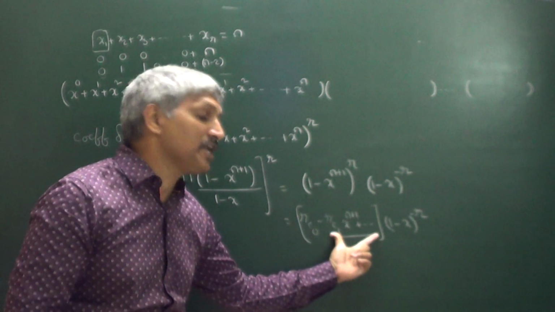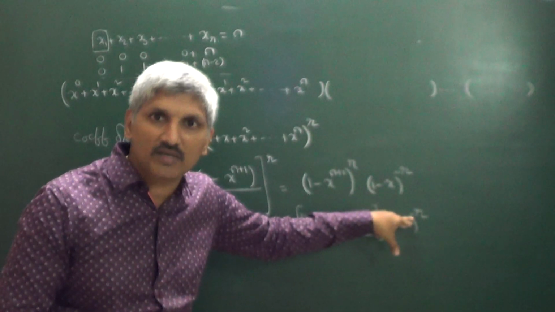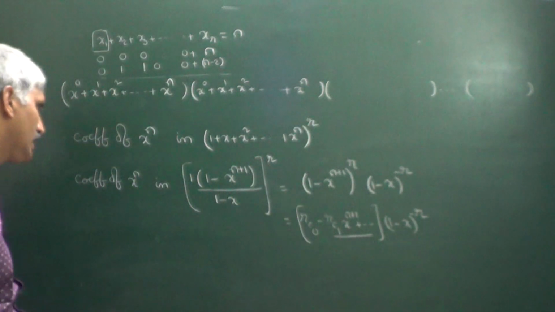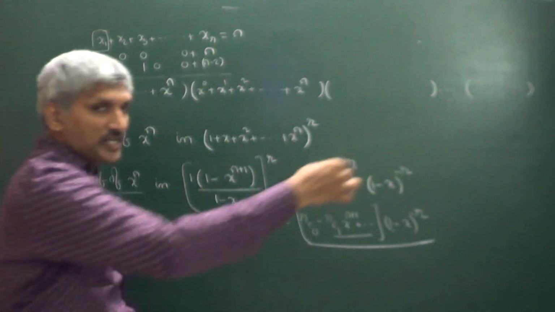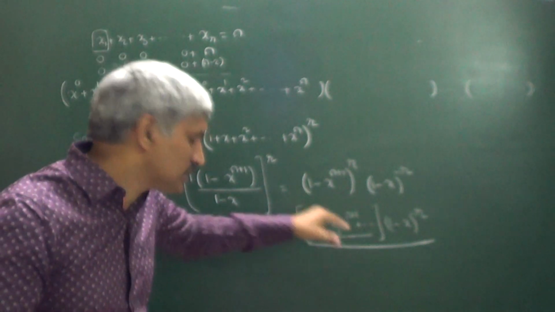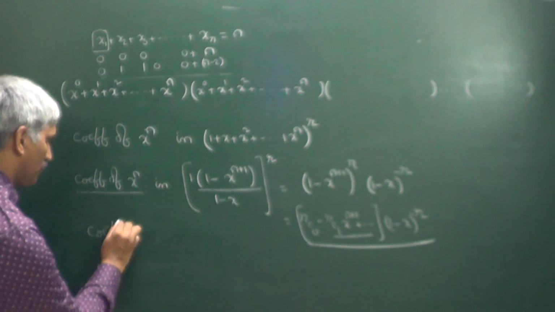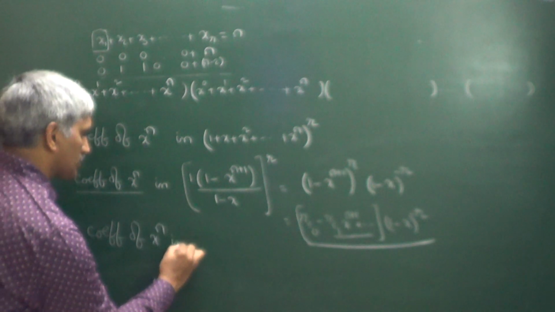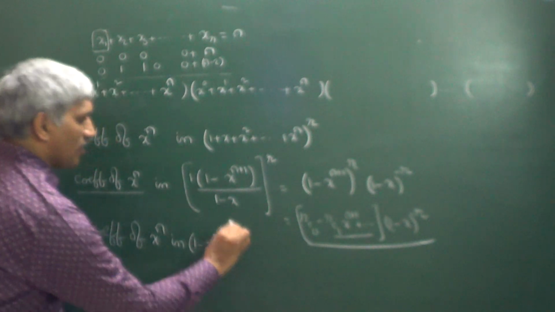In all the remaining terms' multiplication, because x power n + 1 is multiplied, the power we are getting is more than x power n. So that's why the coefficient of x power n in this expansion is nothing but the coefficient of x power n in the expansion of (1 − x) whole to the power of −r.